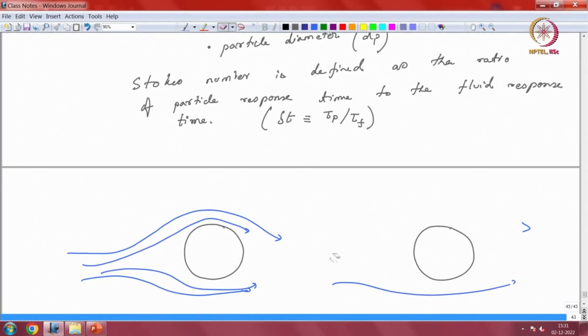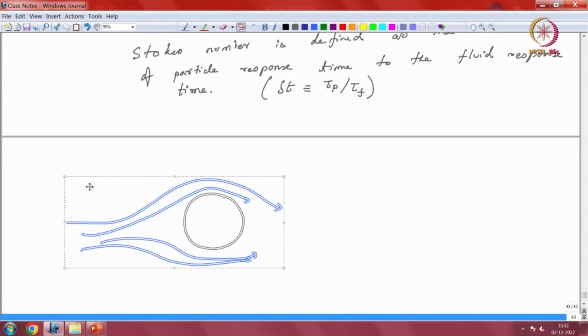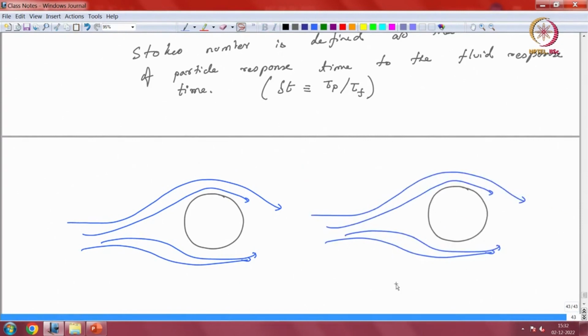That is going to make it easier. Okay, so I'll try to show what happens when you have Stokes number much less than 1, and what you have when you have Stokes number much greater than 1. So we'll try to understand this number intuitively before we actually come up with the equation for it.